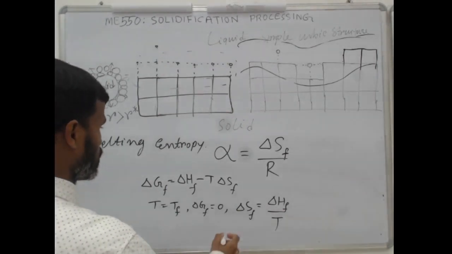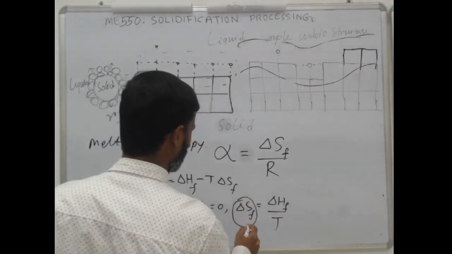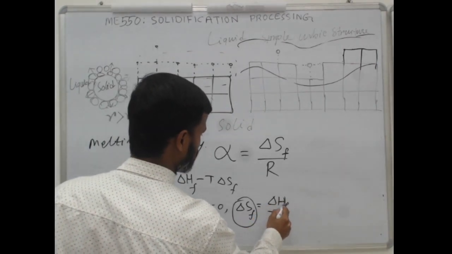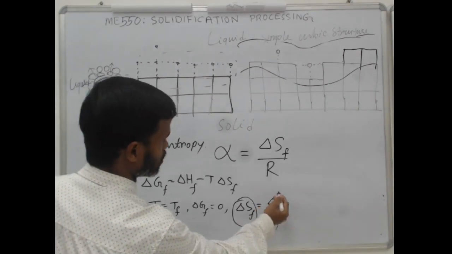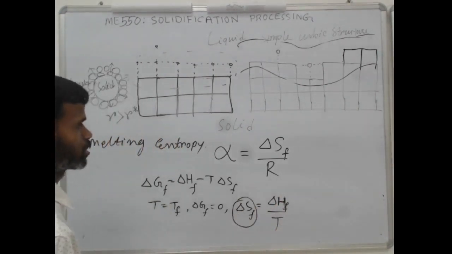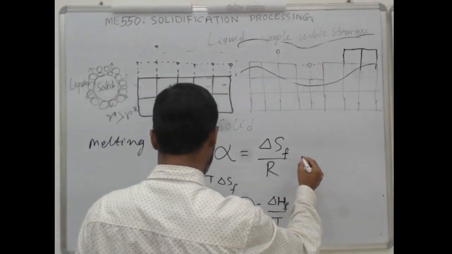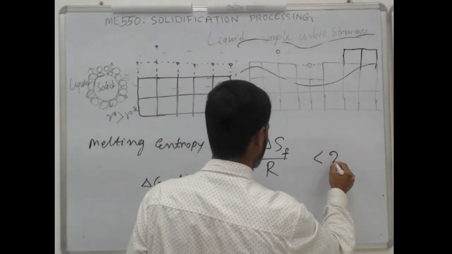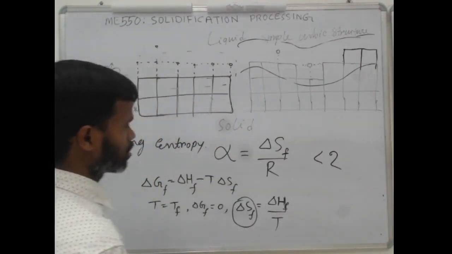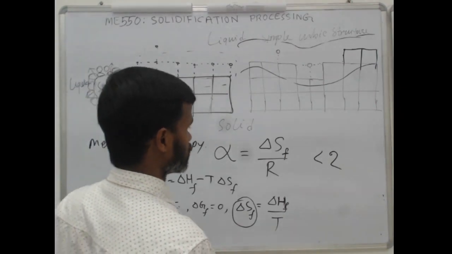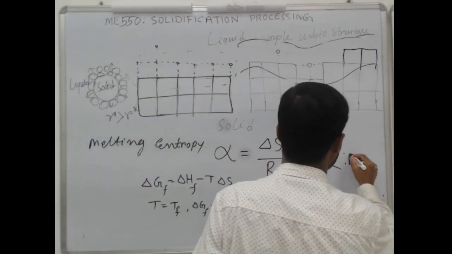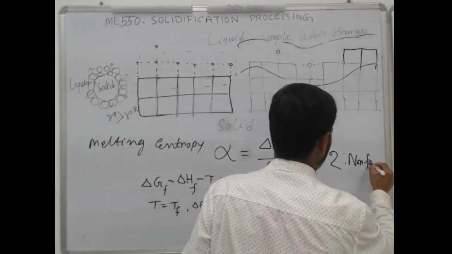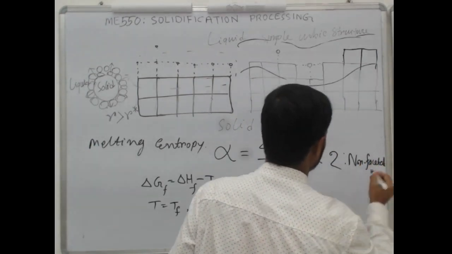So this is the entropy of fusion. So if you know the latent heat of solidification, you can find out the entropy of fusion. So if this value is less than 2 for the simple cubic structure, then you get non-faceted crystal.